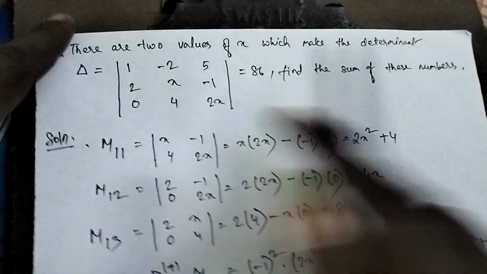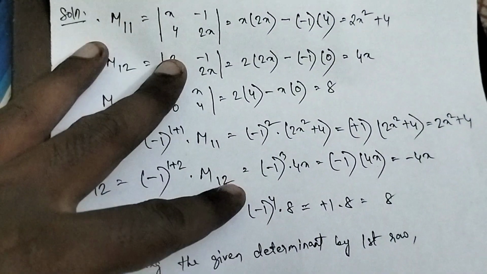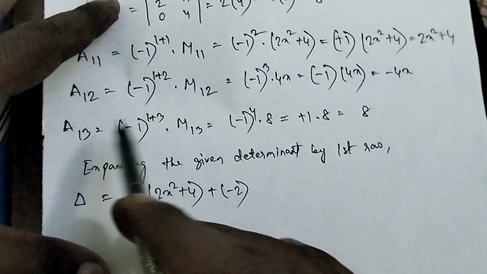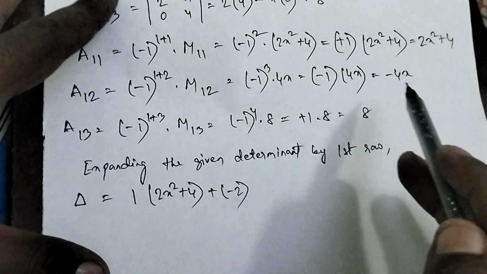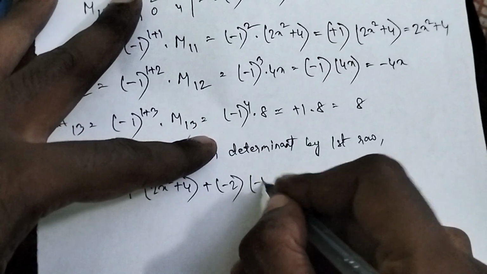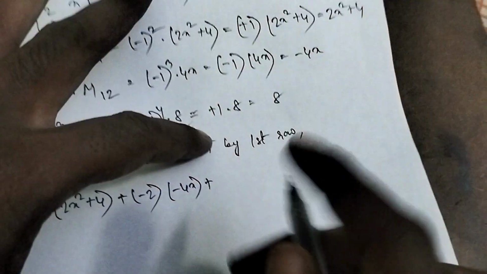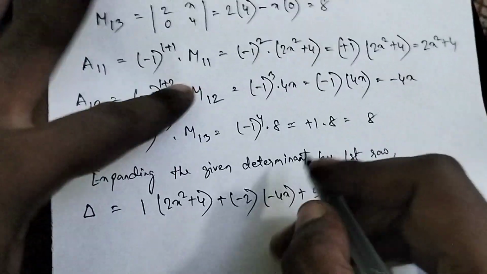Second is minus 2, so plus minus 2 into the cofactor of row 1 column 2, which is minus 4x, plus row 1 column 3, that is 5, into the cofactor 8.